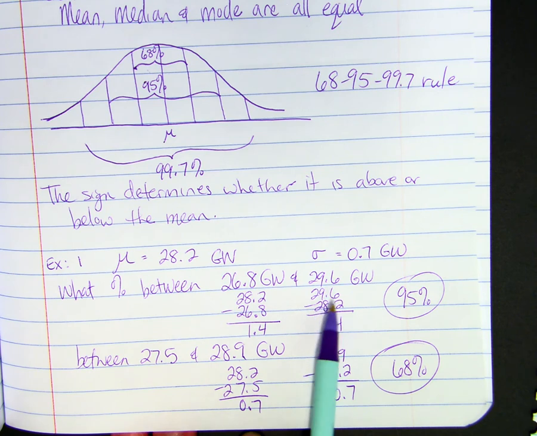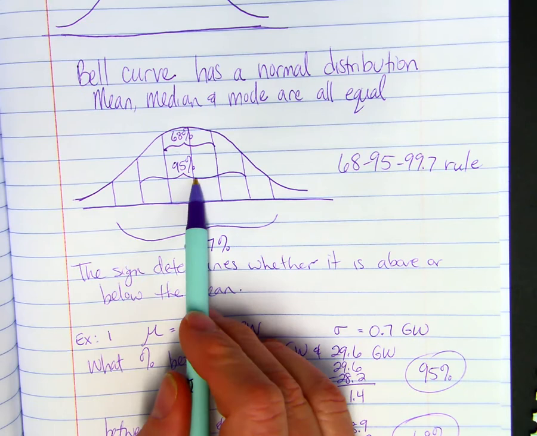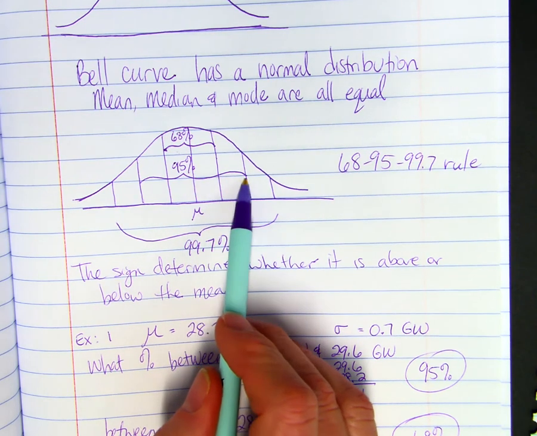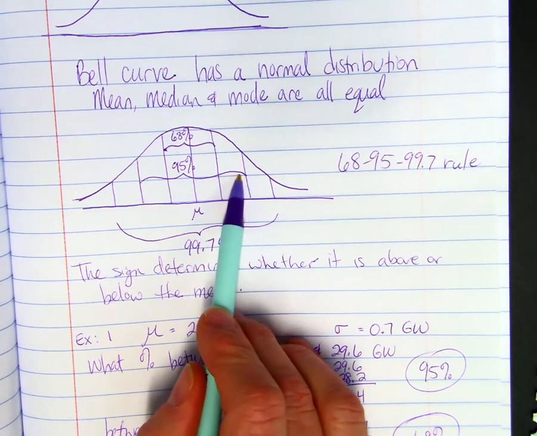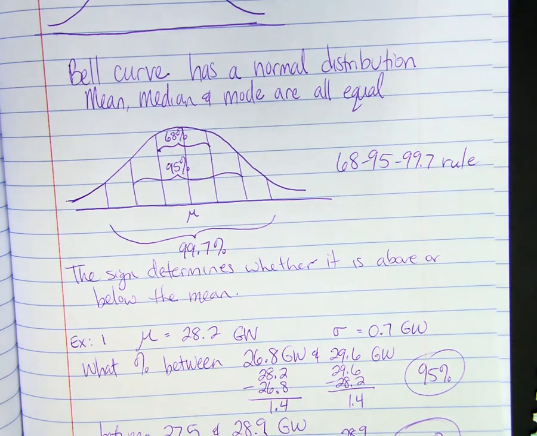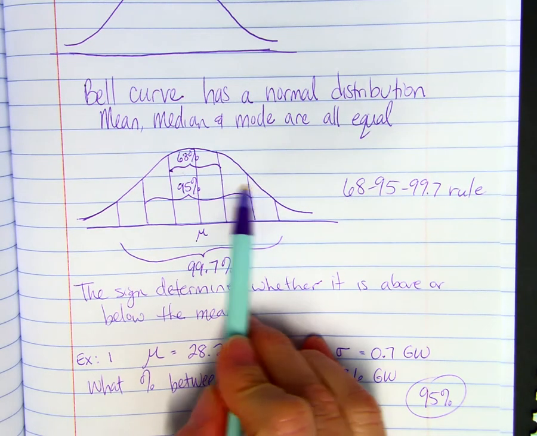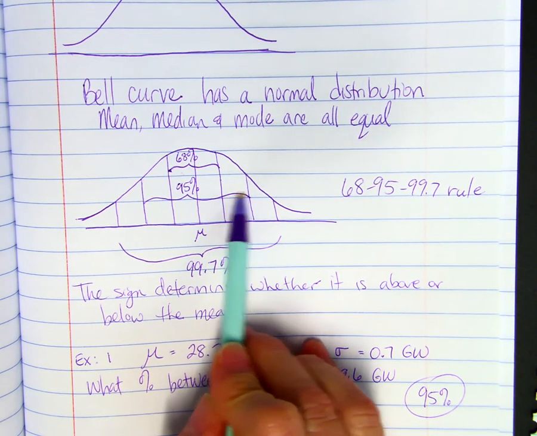And 29.6 was 2 above the mean. So we want to know what percent is between these two right here. So it's going to be half of... no, we want this one right there, right? Between 1 and 2 above.